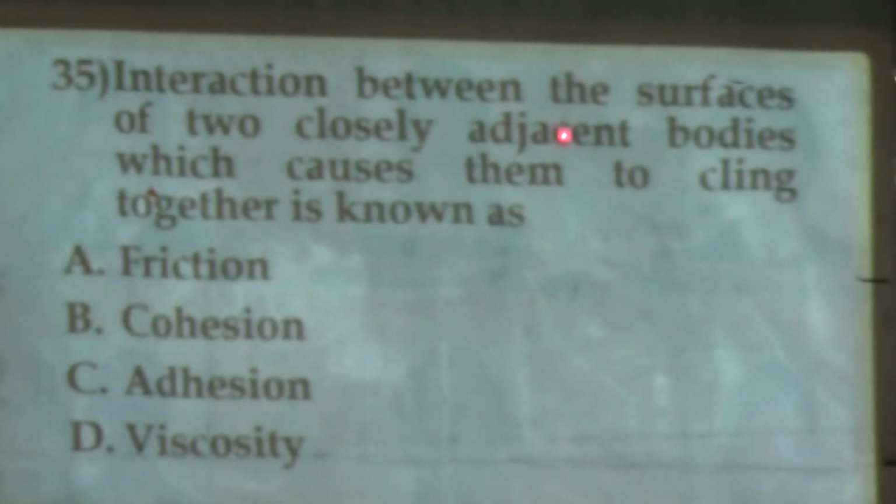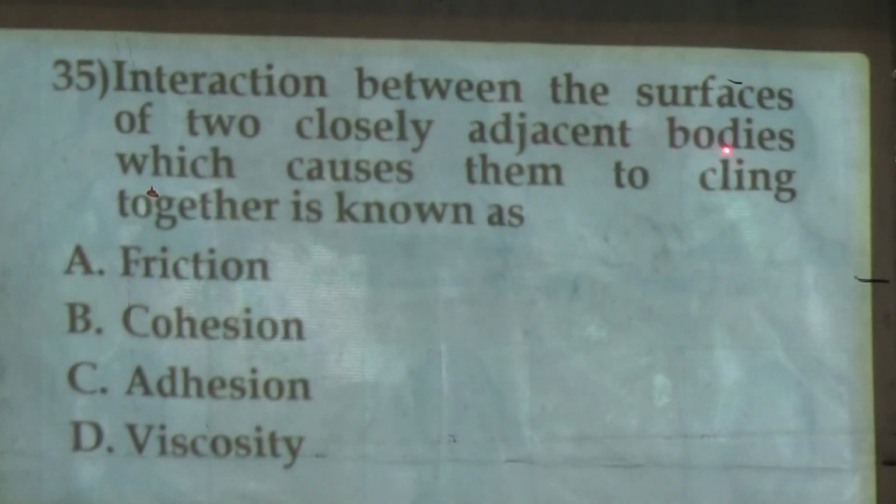Okay? Interaction between the surface of two closely adjacent bodies which causes them to cling together is known as adhesion. Okay? Adhesion. Kailan magiging cohesion? Diba, ang cohesion at adhesion, that is attraction. Pag sinabing adhesion, same or different?